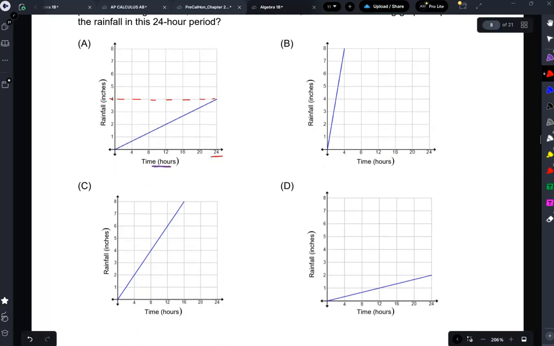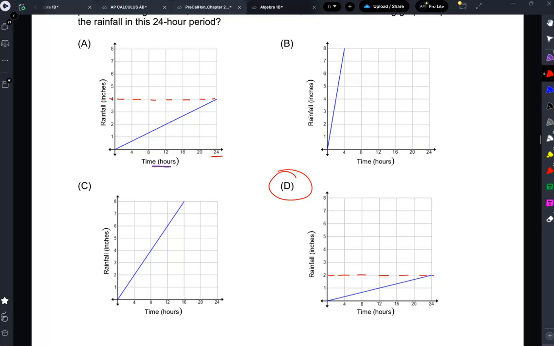Yeah. So we want in 24 hours for 2 inches to have fallen. So here in 24 hours, 2 inches fell. That's this one. Okay? D.